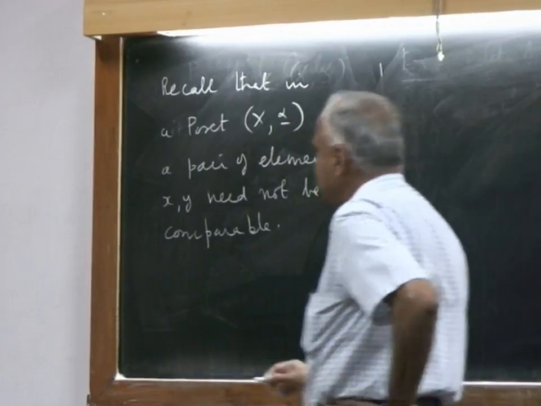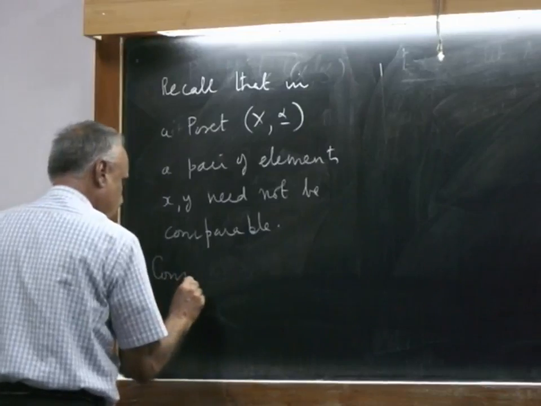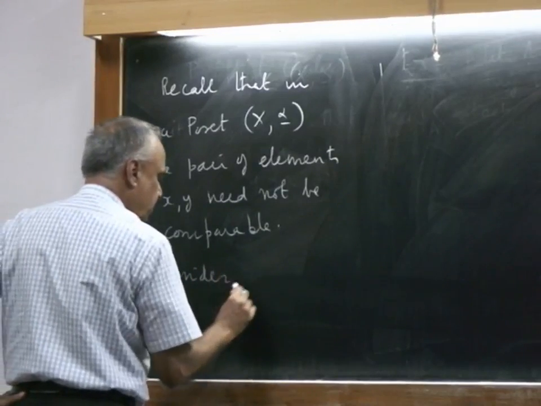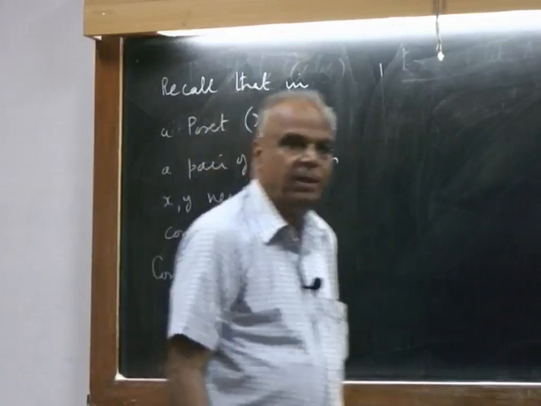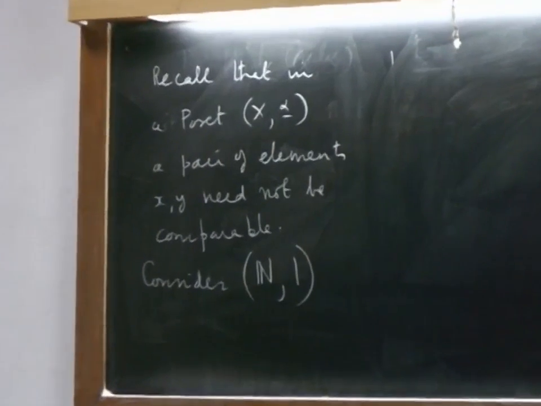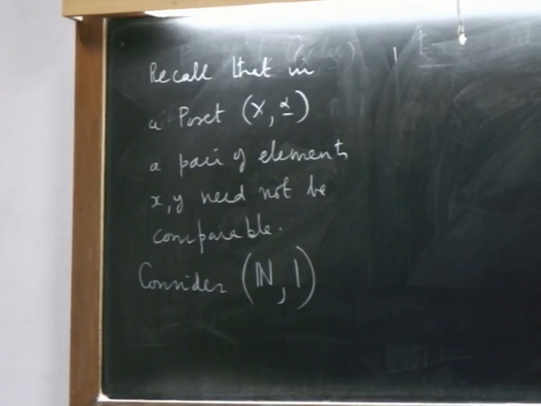But consider this poset, the example that we had, the natural numbers with divisibility. M is related to n if m divides n.